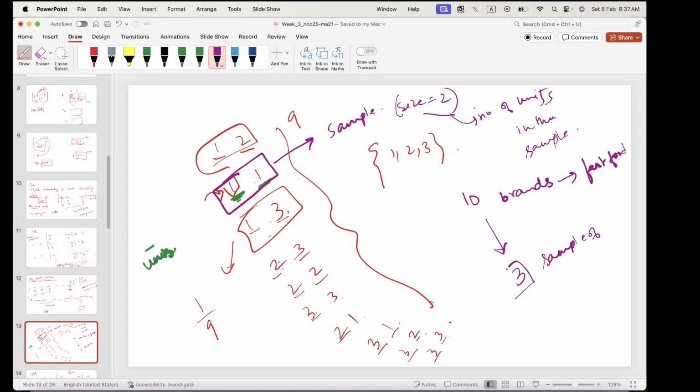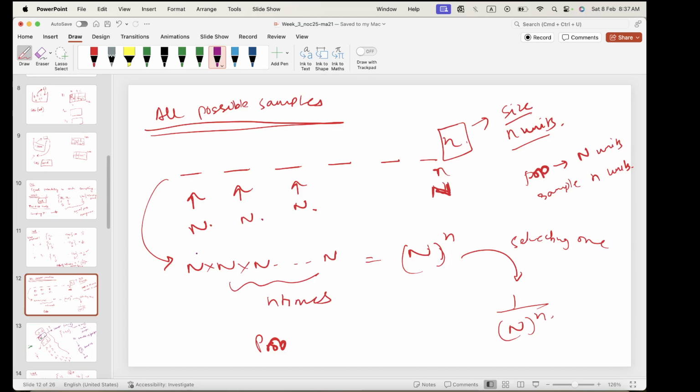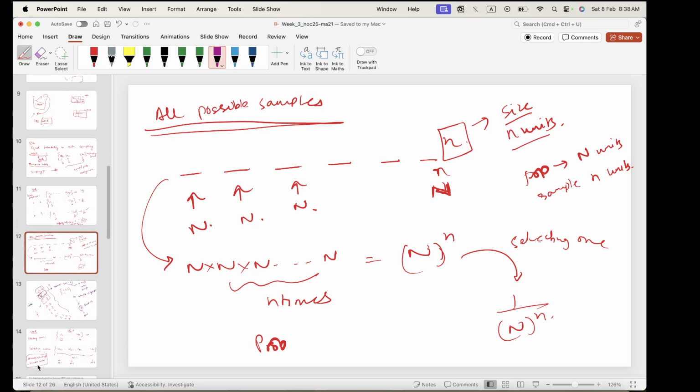Then 3 is your sample size. So this was about the probability of selecting a sample of size small n from capital N units.